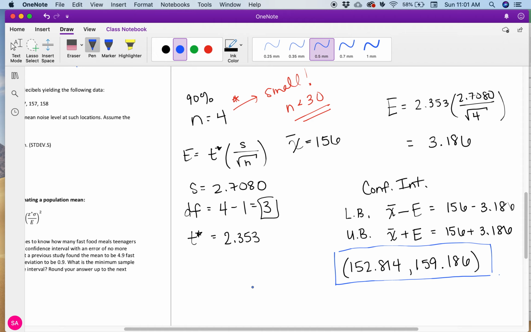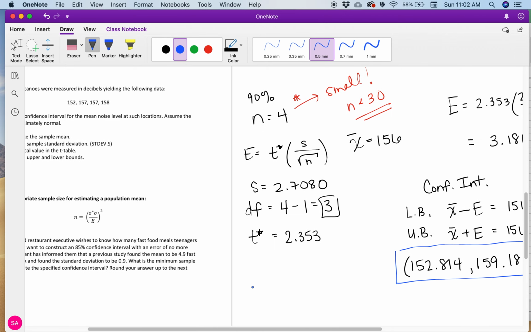To do that, you need to know the confidence level, which will tell you the area in the two tails or the area in the one tail, depending on which one you want to check out. And then you need the degrees of freedom, which is n minus 1, the sample size minus 1.